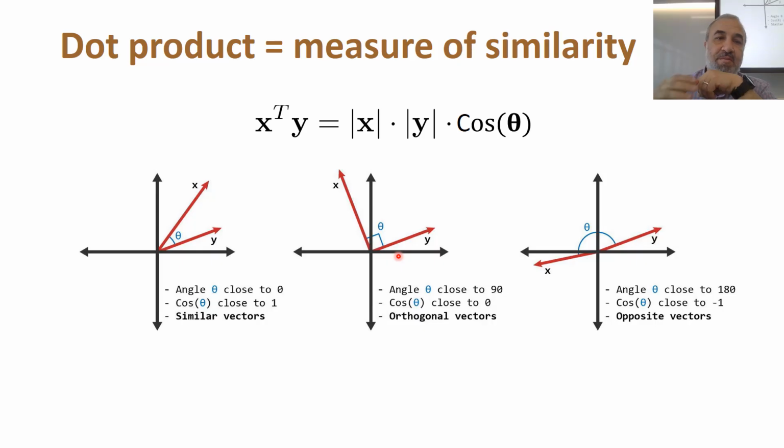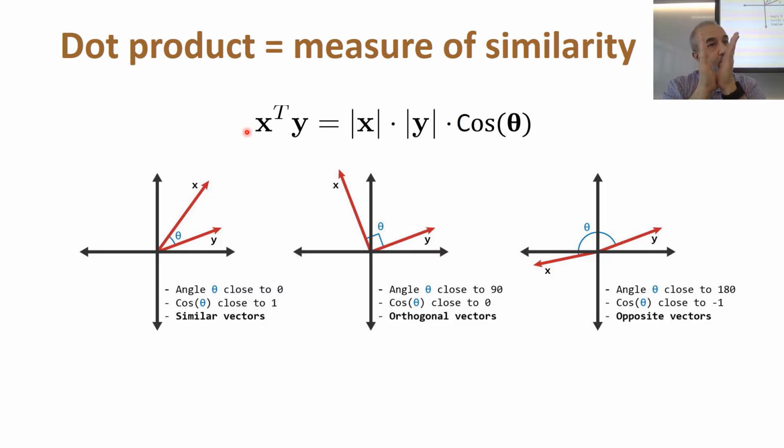If you remember from linear algebra, the dot product is equal to the lengths of the two vectors multiplied by the cosine of the angle between them. So if the two vectors are close to each other, which means the angle between them is very small, then the cosine will be close to 1 and the dot product will be high.